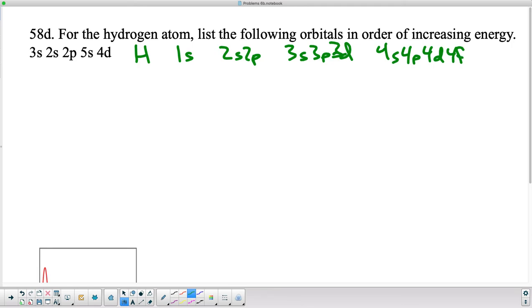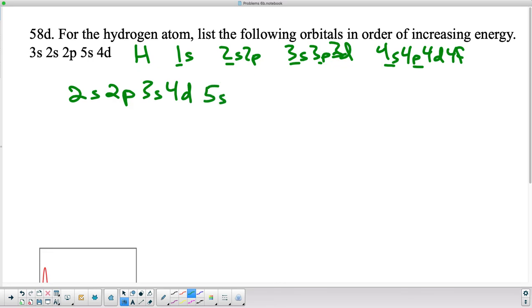So it's based solely on the big number in front. Based solely on the big number in front. So that means we would expect the 2s, 2p, 3s, 4d, and 5s to come like that.